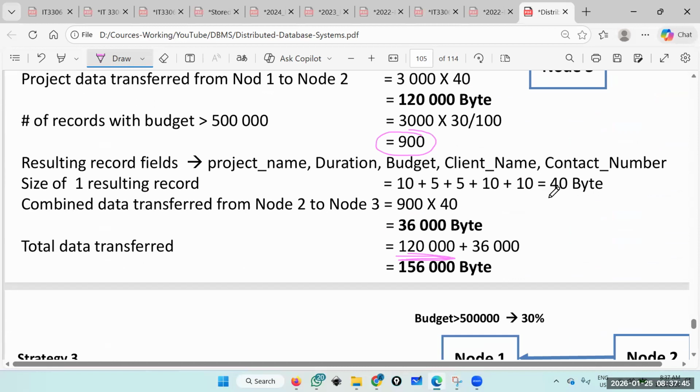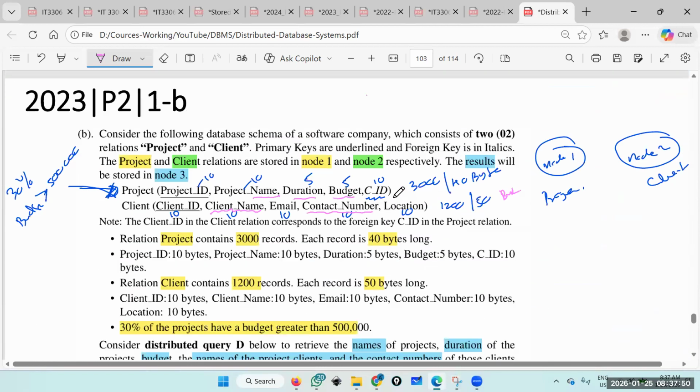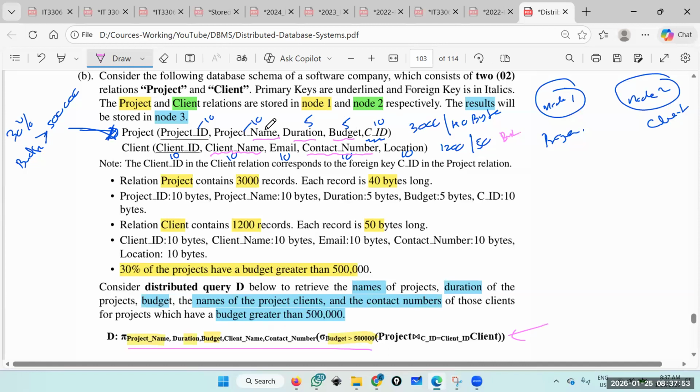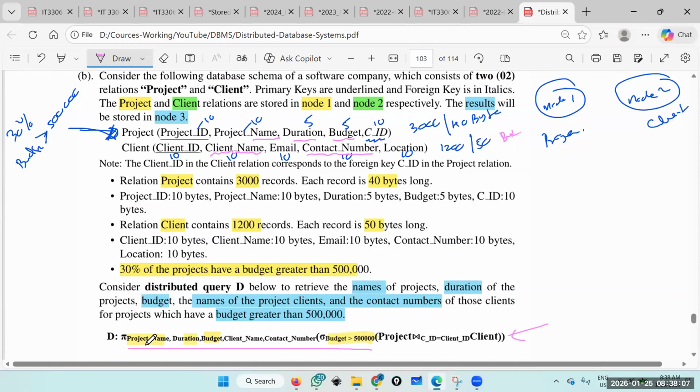So no, 40 byte, why? What do you need? Project name. Yes, you need project name. So we don't need email. We don't need it. But still 10 plus 10, 20, 25, 30, but still 40, 50.